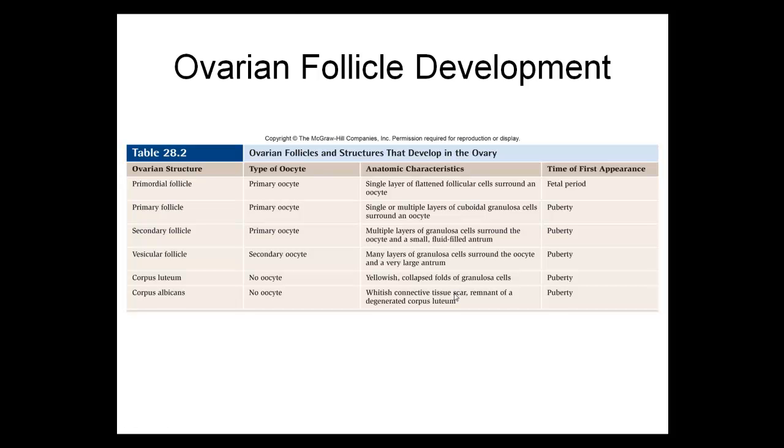From a developmental point of view, we have learned in biology that meiosis will produce 4 haploid cells from one diploid cell.